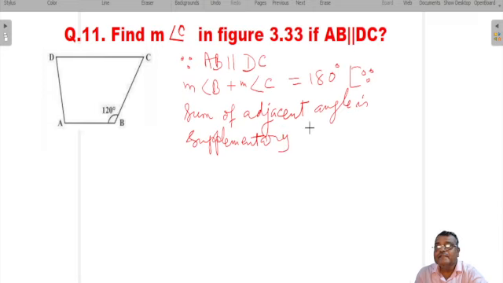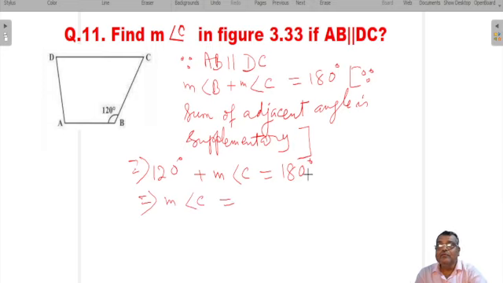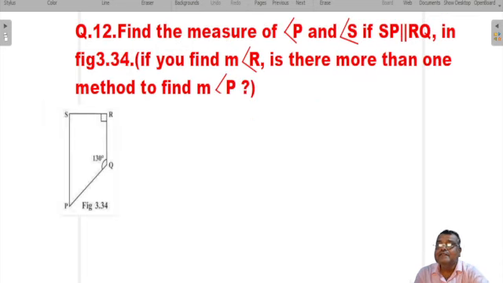Okay, so measure of angle B is 120 degree, 120 degree plus measure of angle C is equal to 180 degree. That is why measure of angle C is equal to 180 minus 120, 60 degree. Obviously, let us see the next.